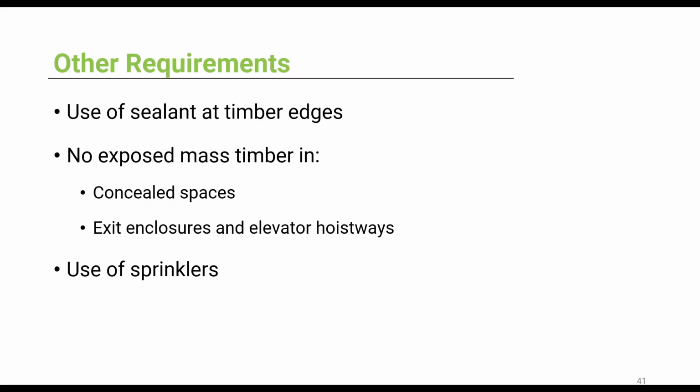And then other requirements include using sealant at the timber edges like we did for the beam hangers. There can't be any exposed mass timber in concealed spaces or exit ways and elevator shafts. And as a note, all the values I listed, so 18 stories and the areas, are all assuming that you're using a fully functional sprinkler system.